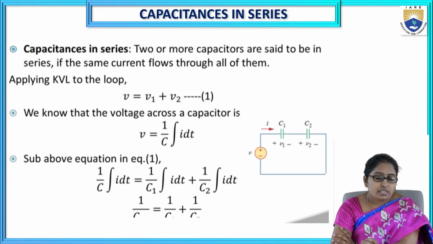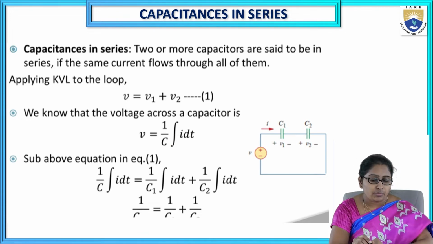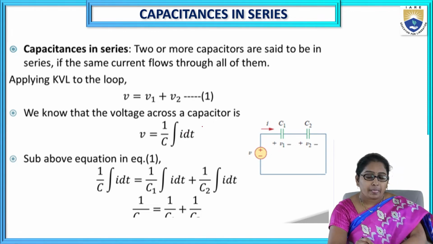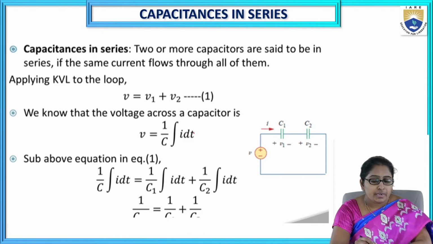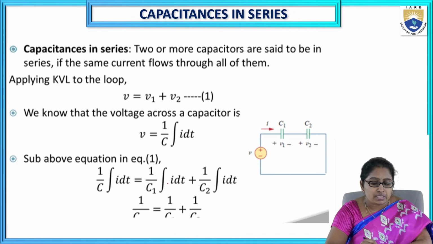So the voltage current relationship in the case of a capacitor is given by V equals 1 by C integral of I dt. Now apply it to each capacitor. With respect to C1 it is 1 by C1 integral of I dt, and with respect to capacitor C2 it is 1 by C2 integral of I dt.